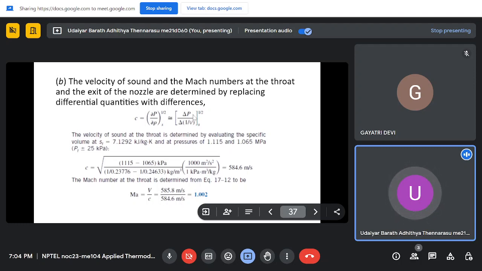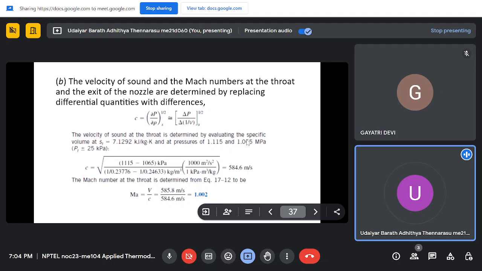For the throat section, where your Mach number is 1, your pressure is 1.09 megapascal, and you know the entropy. For that condition, you take a small increment in pressure on both sides. So you take 1.115 and 1.065 megapascal, assuming a 25 kilopascal difference.